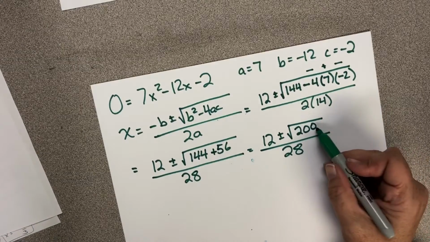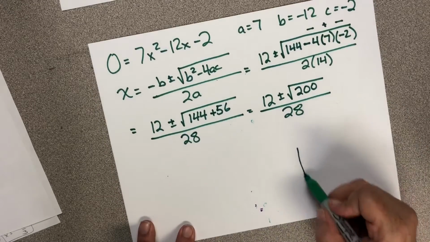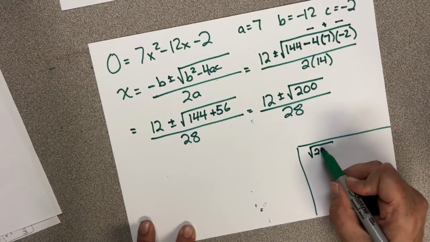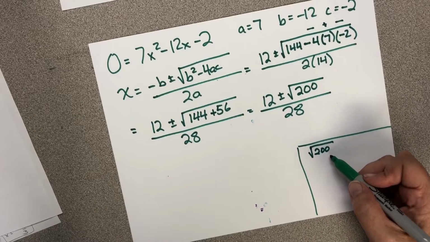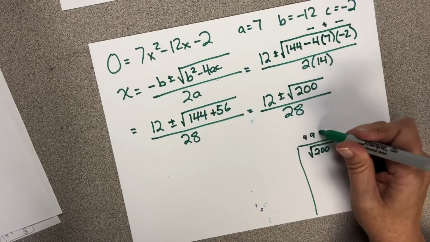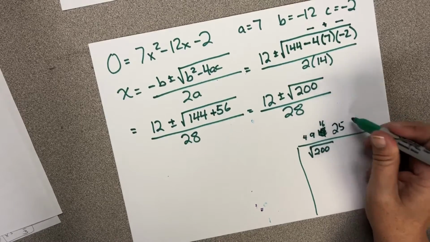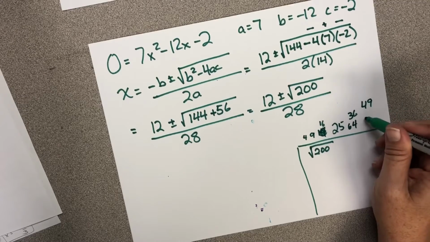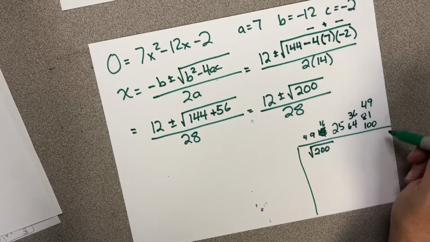And I want to simplify my square root, so I'll do that off to the side here. Square root of 200. What's a perfect square that's a factor of 200? If you think of our perfect square list, we have 2 times 2, 3 times 3, 4 times 4, 5 times 5, 6 times 6, 7 times 7, 8 times 8, 9 times 9, 10 times 10, and so on.